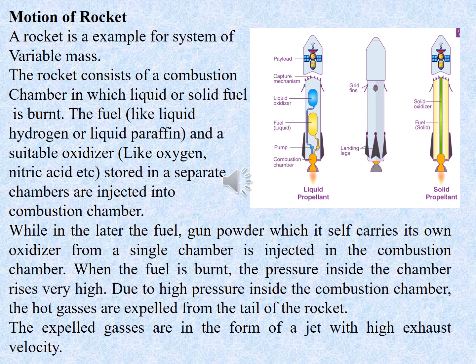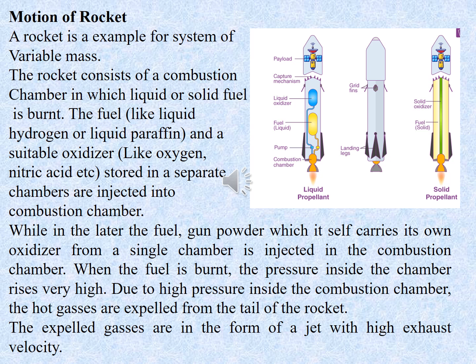In the rocket, fuels like liquid hydrogen or liquid paraffin and suitable oxidizers like oxygen or nitric acid are stored in separate chambers and injected into the combustion chamber, while in the solid type the fuel and the gunpowder, which itself carries its own oxidizer, is injected into the combustion chamber from a single chamber.